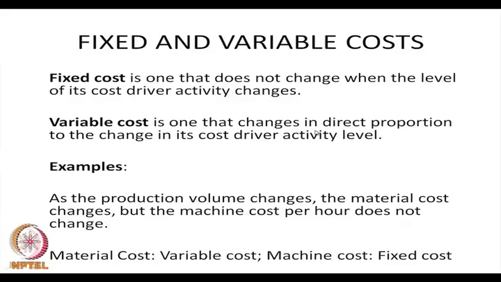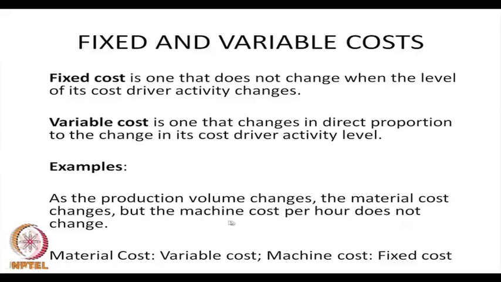There are various examples that we will take. One example that we are citing here is production volume as the cost driver. As production volume changes, the material cost changes. Suppose that we go for more production, we require more material, and therefore the material cost is a variable cost. But the machine cost per hour does not change, because the machine has been procured long ago and it is used for production for many years.